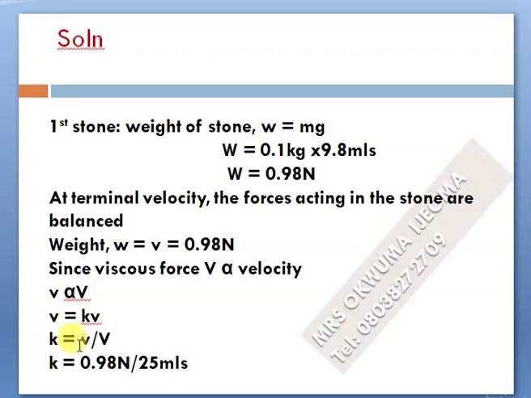So K will now be what? V, the viscous drag, all over what? V, which is your velocity. So K will give me what? My viscous drag, which is 0.98. You divide it by the speed of the motion of the stone that was given in the question, which is 25.